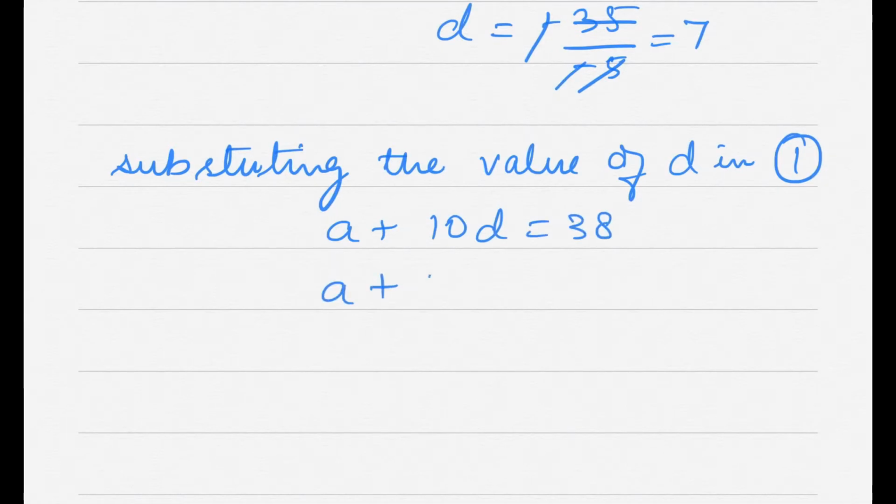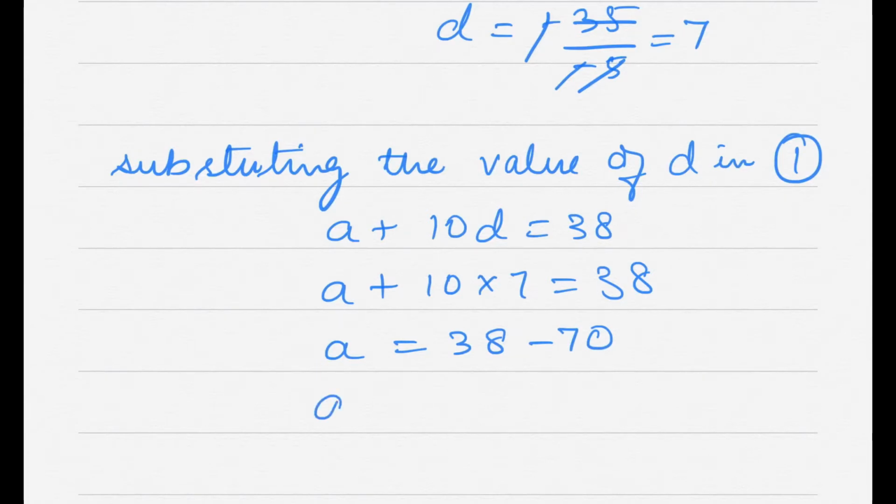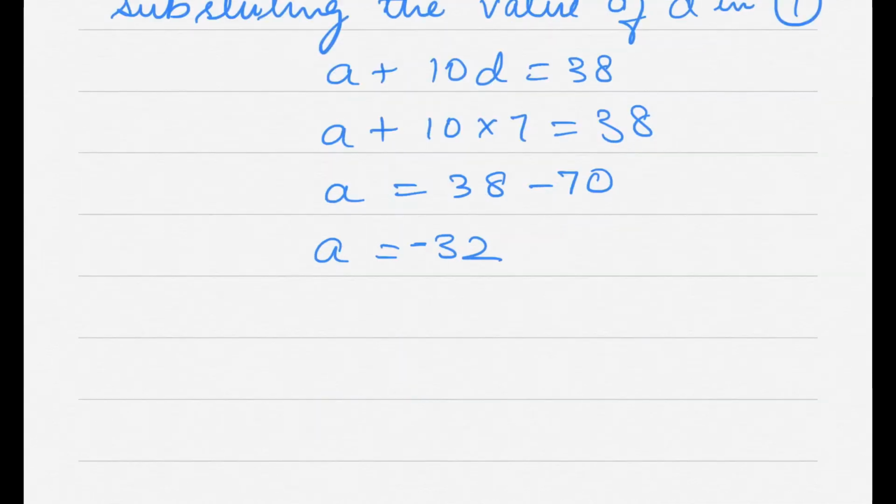So a plus 10 into 7 is equal to 38, a is equal to 38 minus 70. So I get a is equal to how much? Minus 32, right.